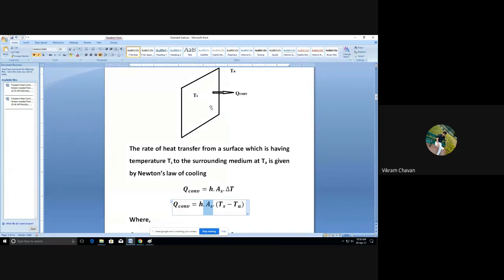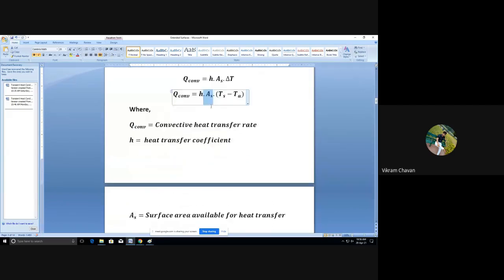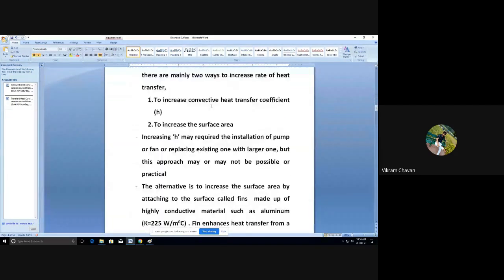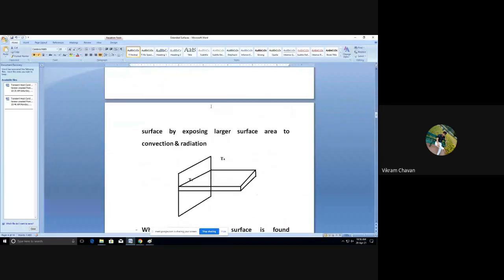Okay, getting everyone? So we can say that if you attach a surface to the base surface, now this is our base surface, and we have attached one extra surface or extended surface.